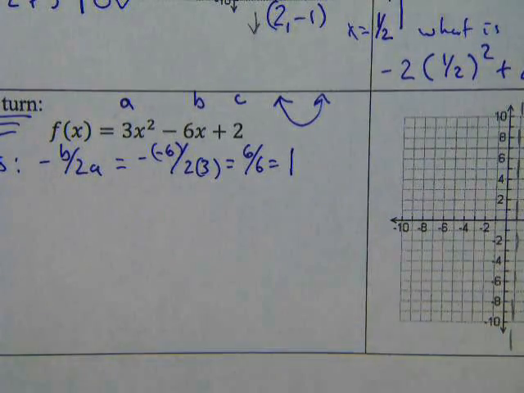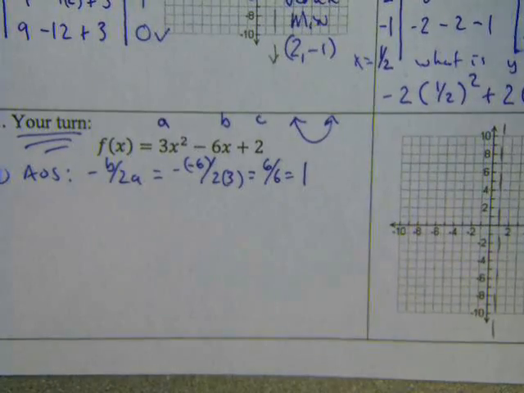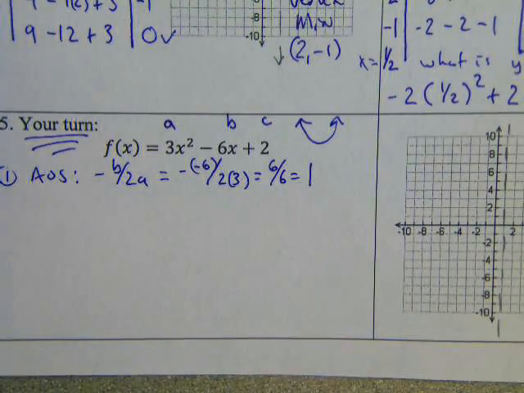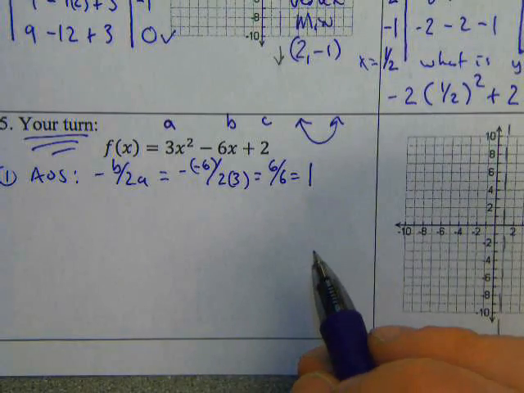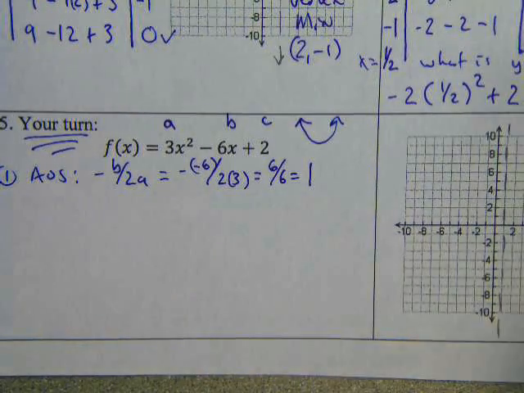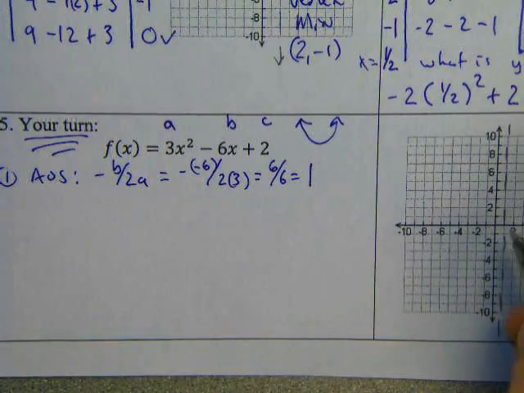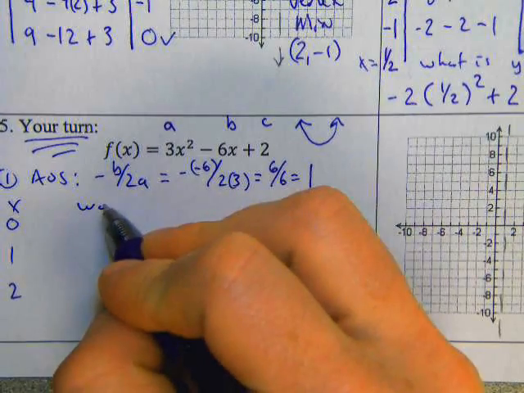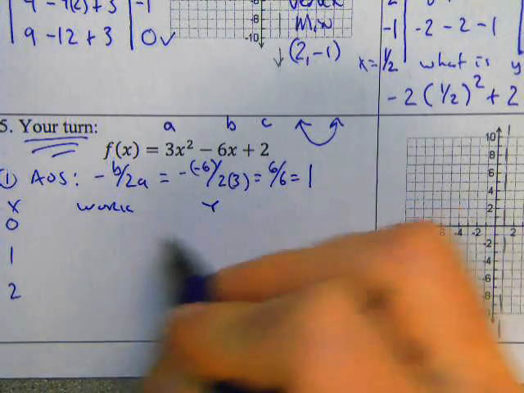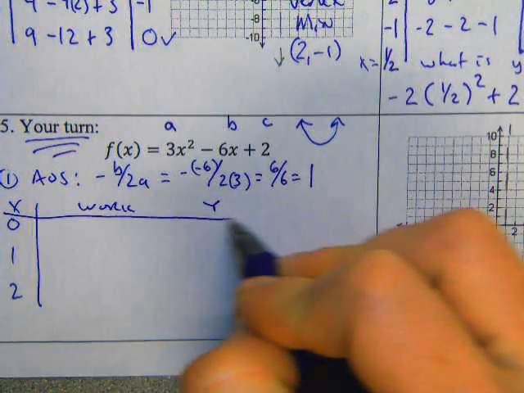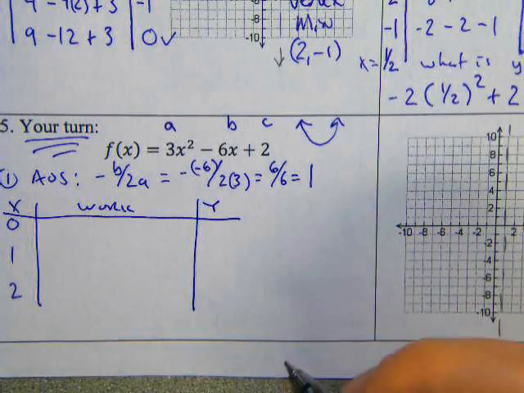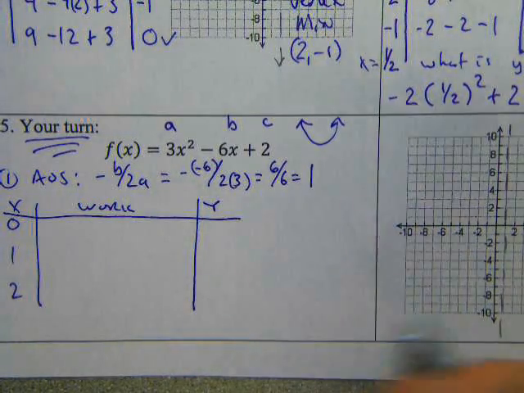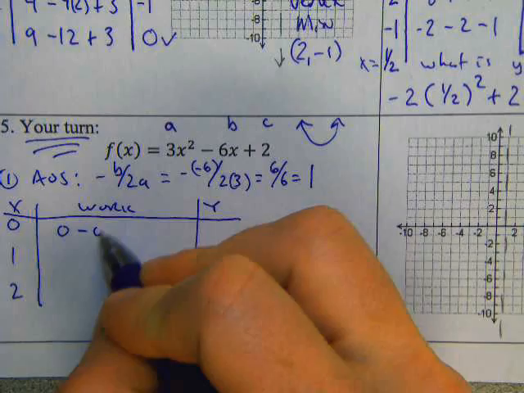Out on this one a little bit. And then, yeah, I've got 1 here, so I'm going to start with 0. I'll just go 0, 1, 2. So if x is 0, negative 0 minus 0 plus 2 is 2.